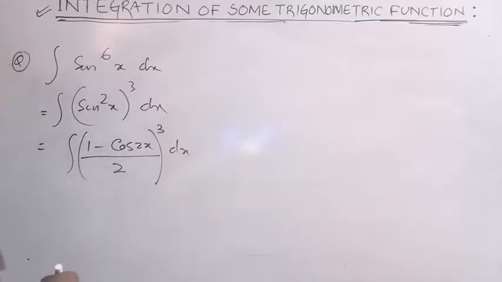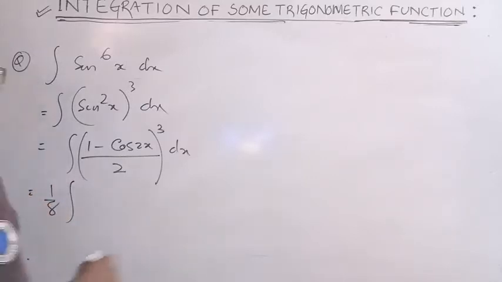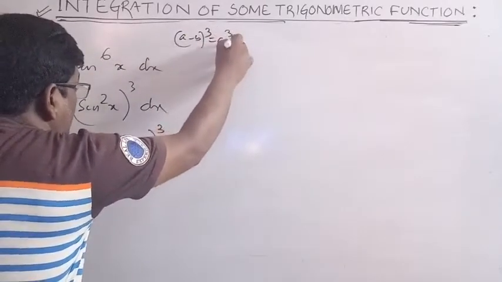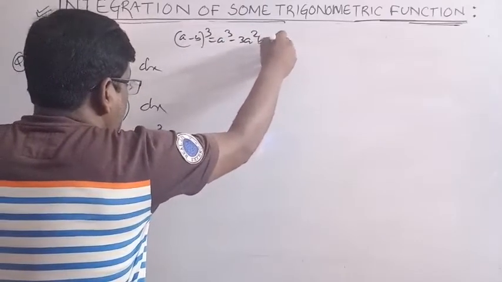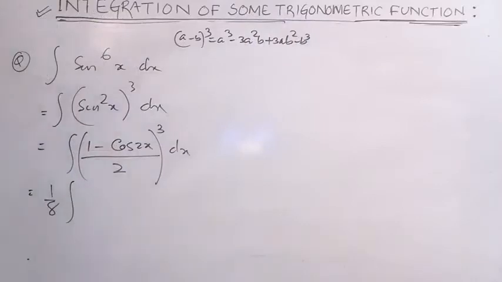So this is equal to 1 by 8, and this is a minus b whole cube, that is a cube minus 3a square b plus 3ab square minus b cube formula.